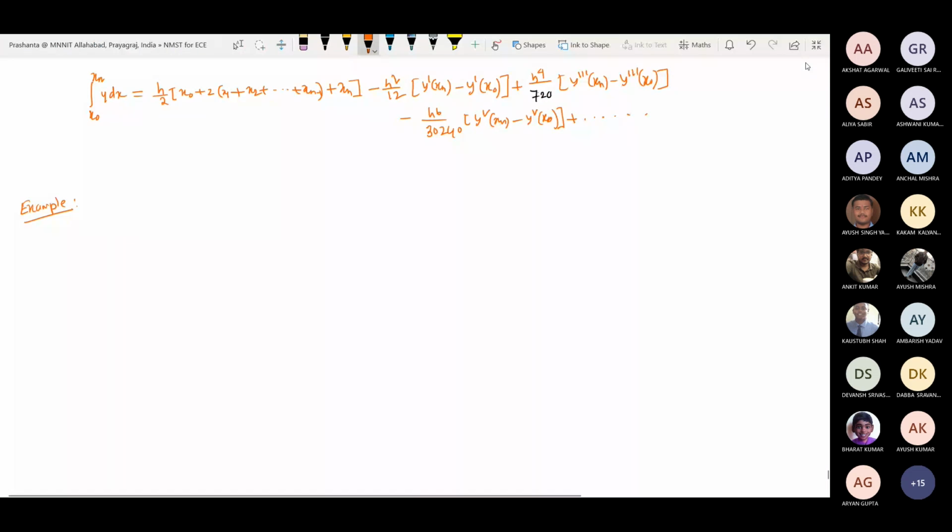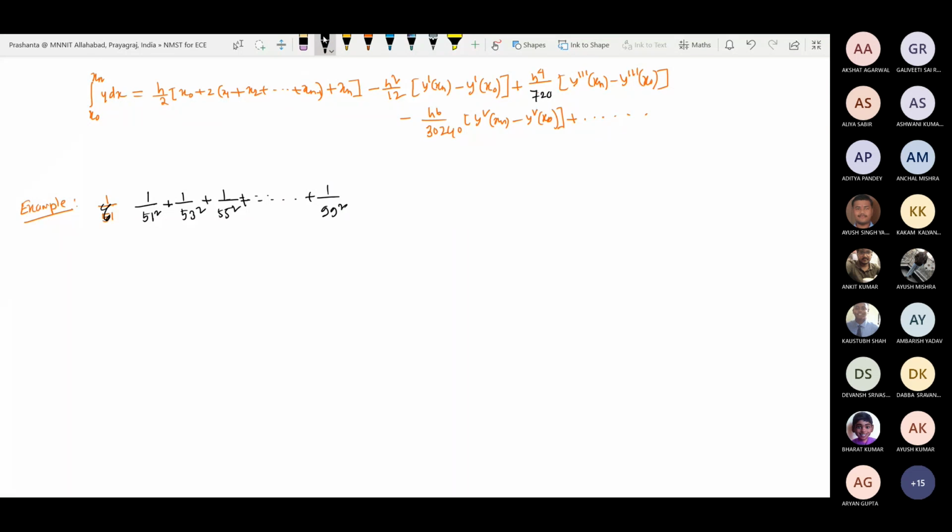So here the series is 1 by 51 square plus 1 by 53 square plus 1 by 55 square, and so on up to 1 by 99 square. So what will be the sum of this finite series?